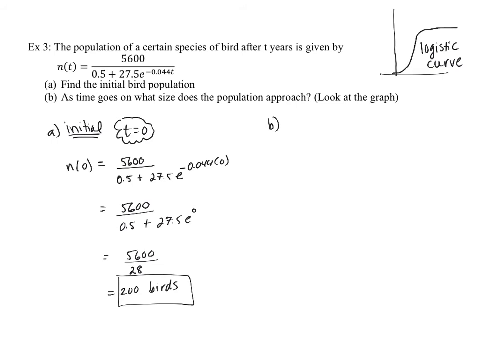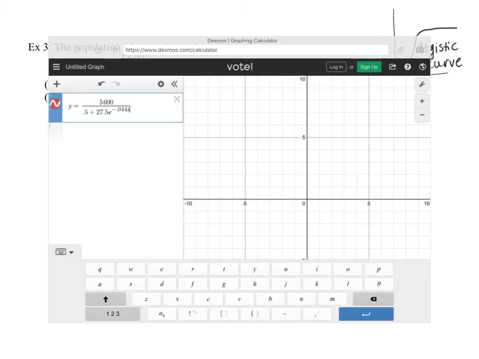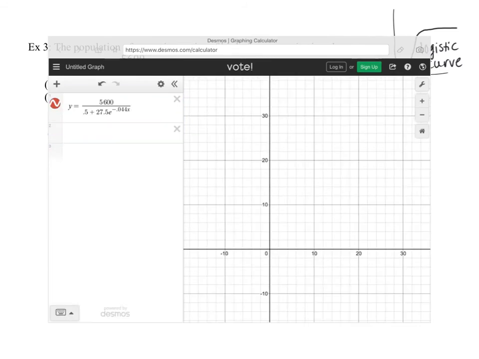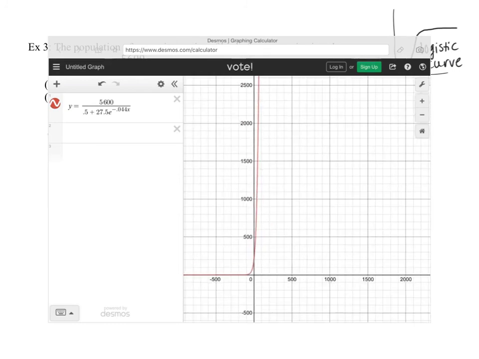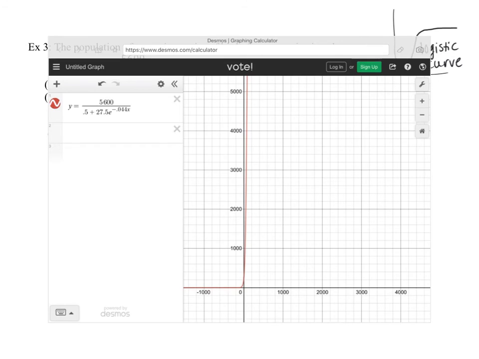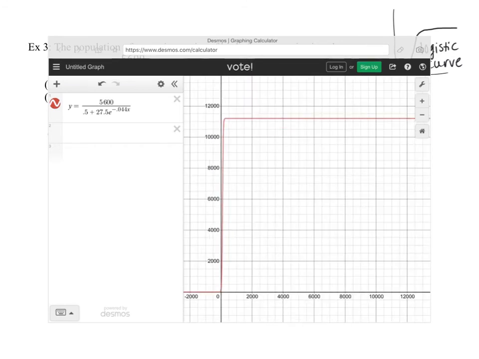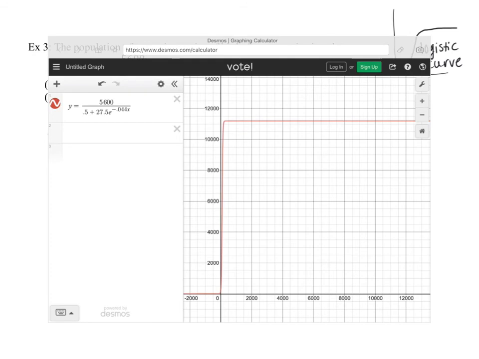Okay, so what we can do is just look at our graph here. If you plug this into Desmos, just type all that in and then graph that. Remember that our y-intercept was at 200, so we're going to have to zoom way out. As time goes on, so we're looking at a t of infinity, or time has to pass for a long time, and then we can start looking at what's happening with our output.